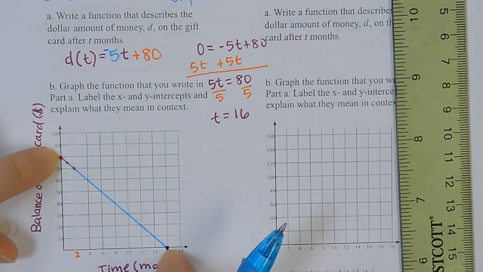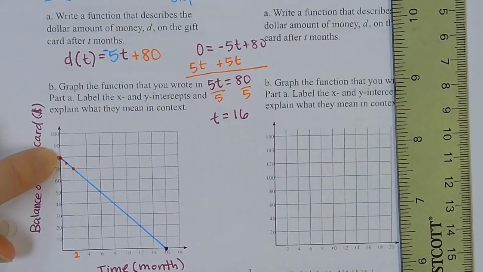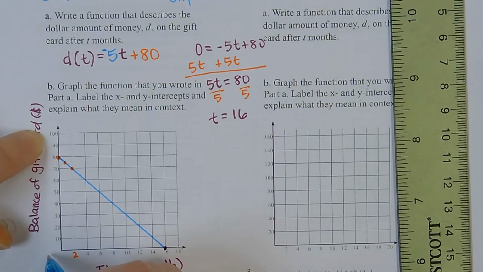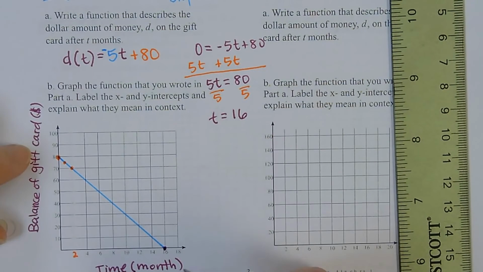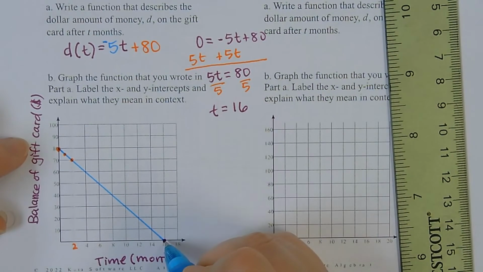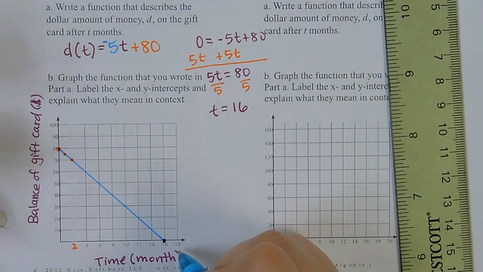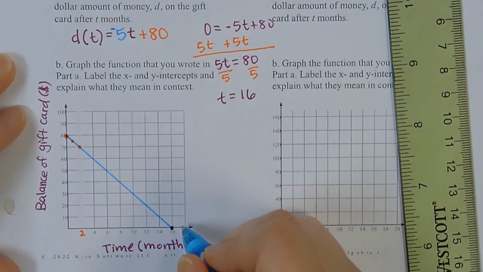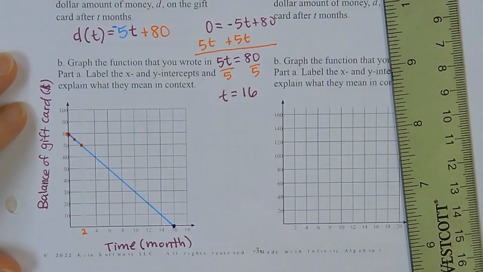It's going to start and stop here, and I know that because it's money, and the gift card's not going to have 90 bucks on the -1 day or -2 day. That doesn't make any sense. And once you're done with the money, you're not going to go there. It's not a credit card, where you can go into debt. You're just done. You can't use that gift card anymore, right? The beauty of gift cards.